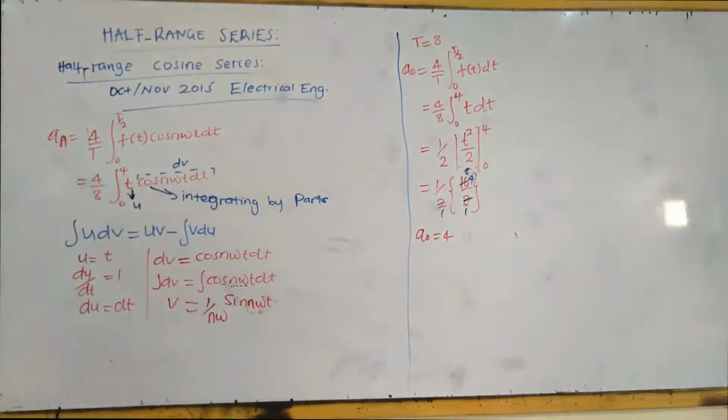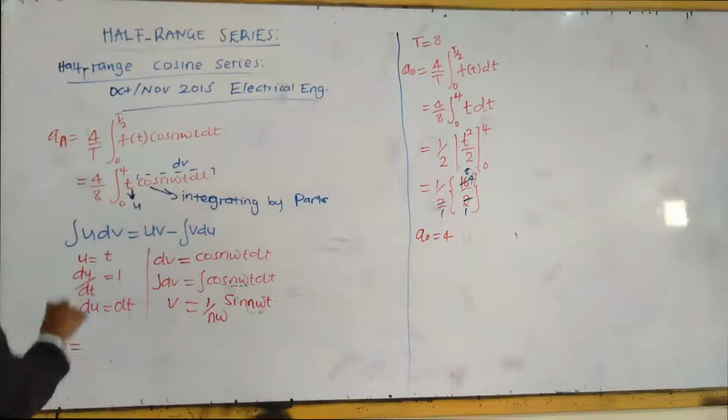So the entire integral will be an over there. An is equal to 4 over 8, which is a half.